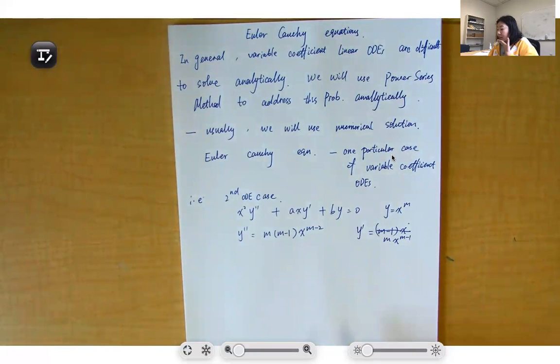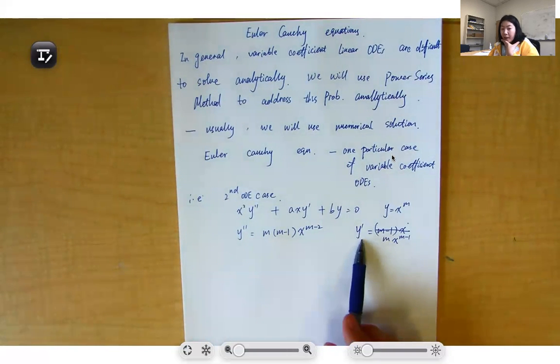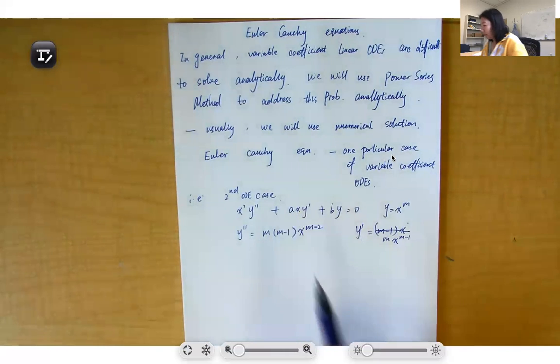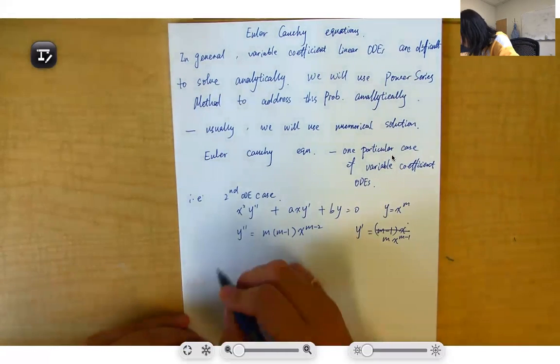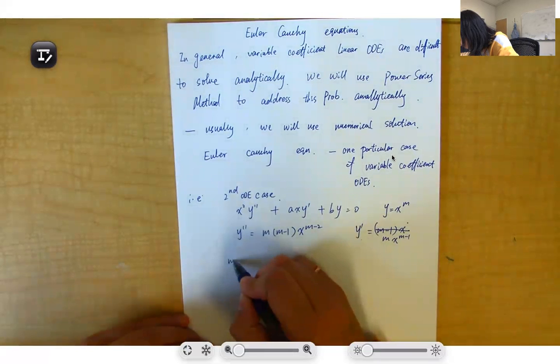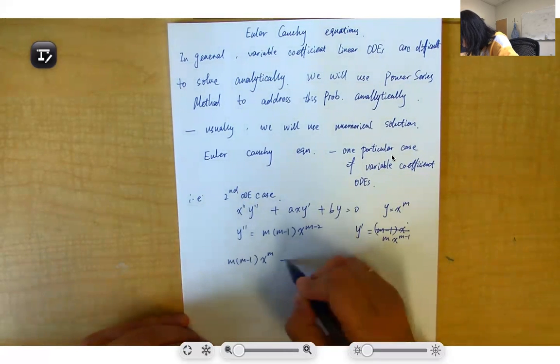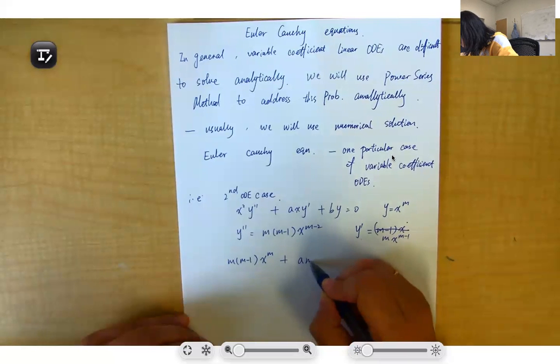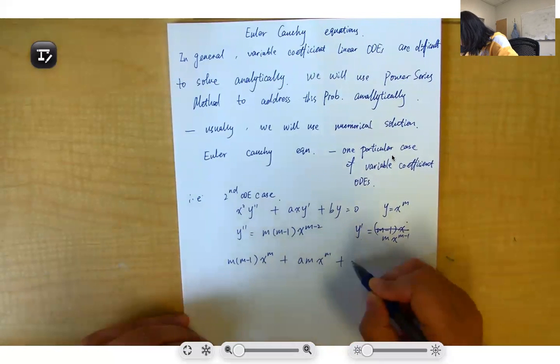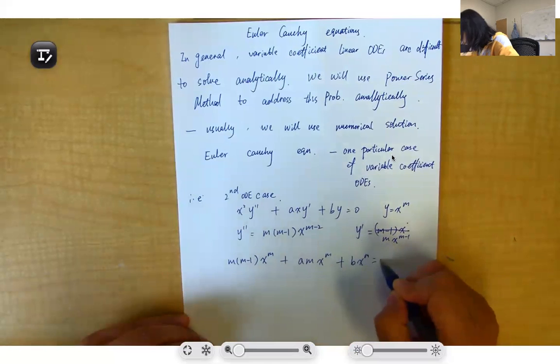Then you can put this y double prime and y prime back into your original equation. We can get m times m minus 1 x to the m power plus a m x to the m plus b x to the m equals 0.